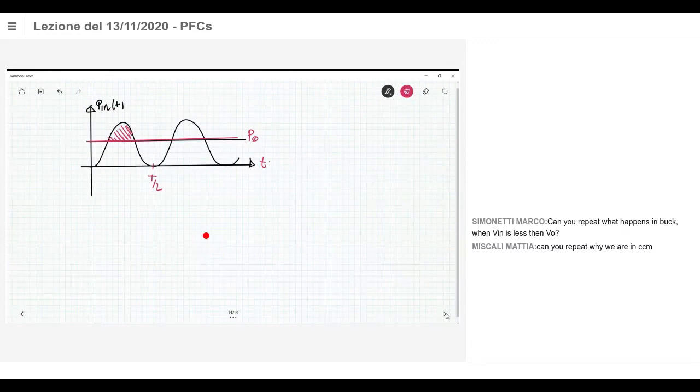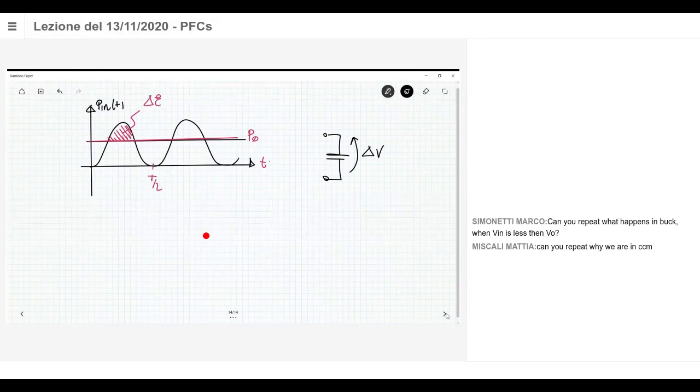And what happens when you provide energy to a capacitor to be stored? The area under here is an energy. When you provide energy to a capacitor, you are providing charges that make it possible to vary the voltage across this capacitor. So if you have a capacitor and you provide energy, then you are increasing the voltage across it.